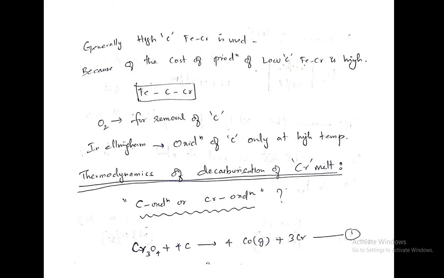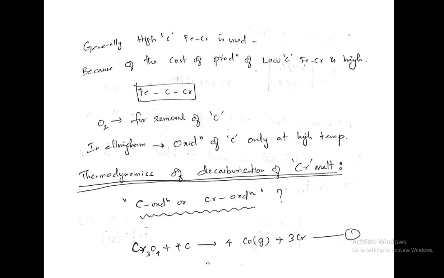Because stainless steel, the presence of chromium is actually helping in corrosion resistance, right? The problem is that if the stainless steel has high carbon after the process, there is a tendency of formation of chromium carbide, right?